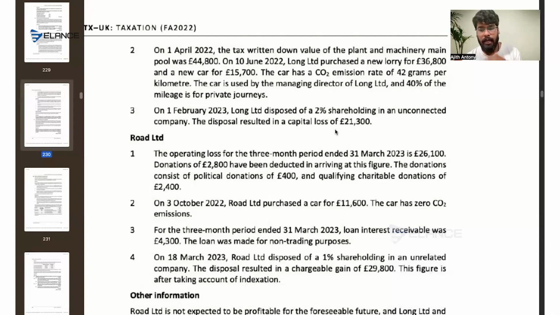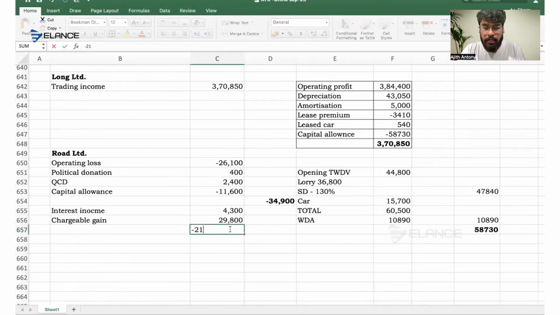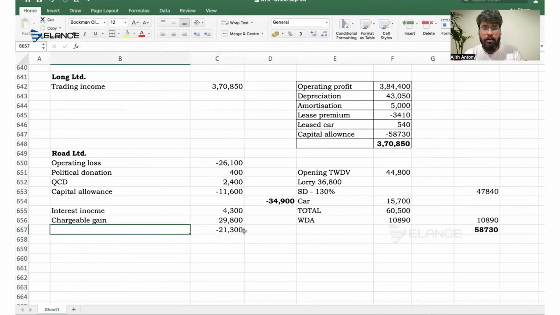Okay, from this 29,800 of capital gain, they can set off 21,300. So they can set off 21,300 of Long Limited's capital loss against Rod Limited's capital gain. Okay, so it is called group relief. Here they are using group relief.